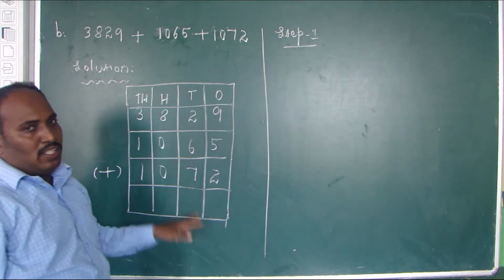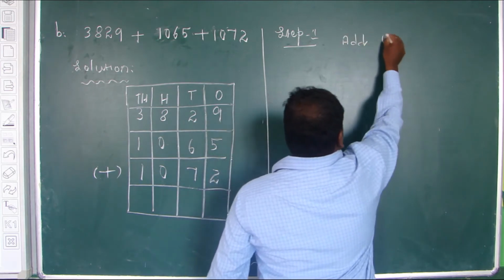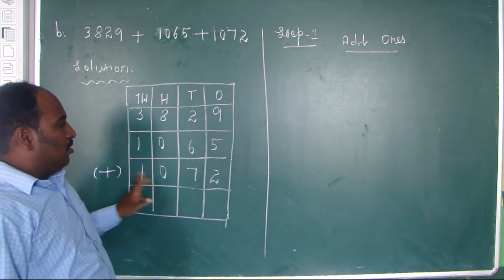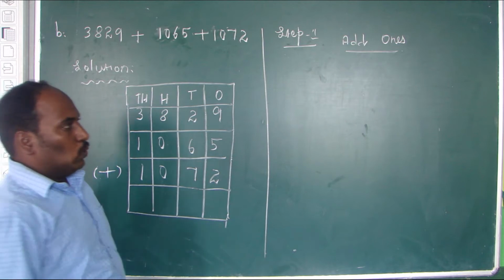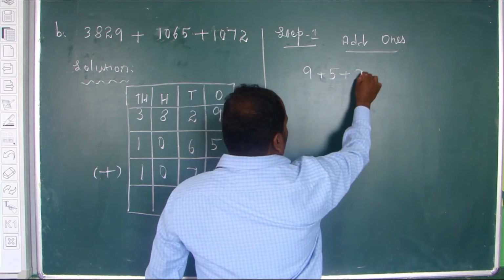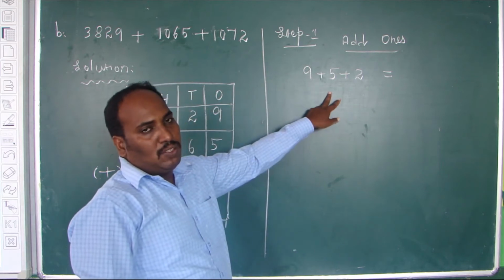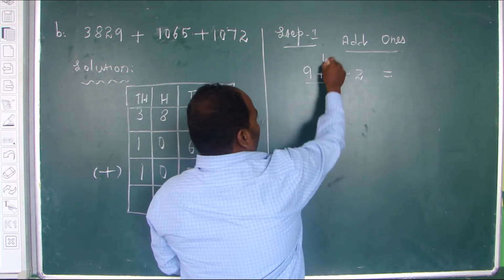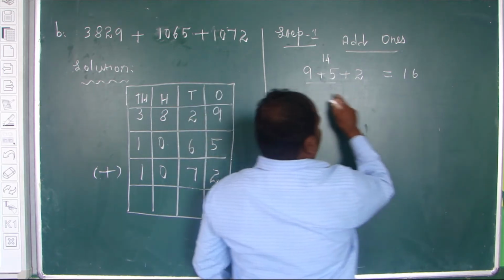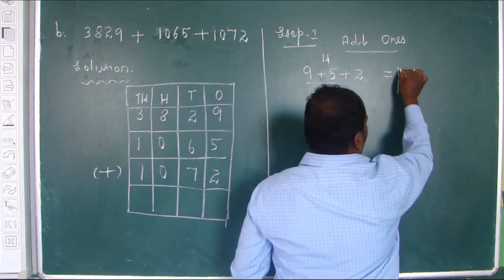Let's add ones. Our ones place is 9 plus 5 plus 2. 9 plus 5 is equal to 14. 14 plus 2 is equal to 16.